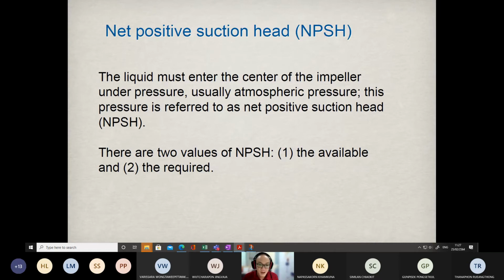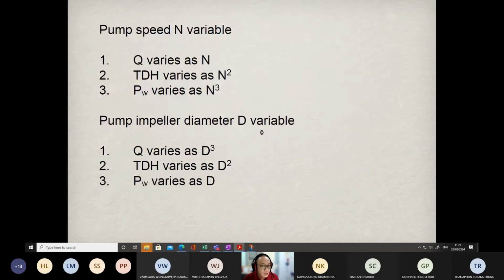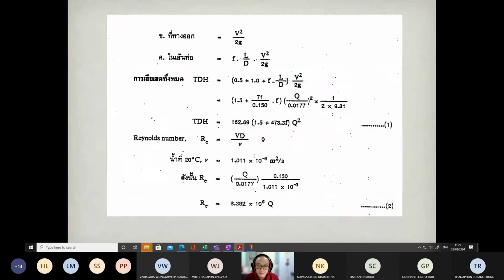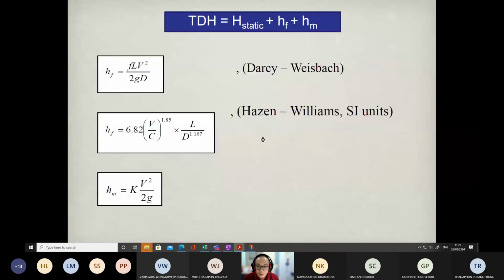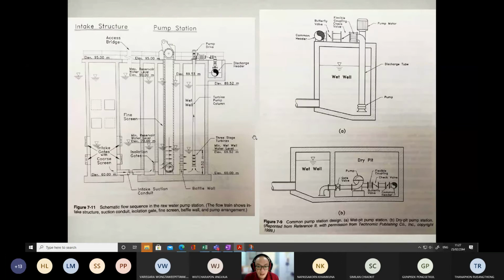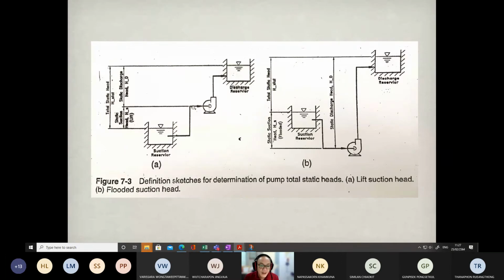For the net positive suction head, what does it really mean? You have to think about how the water can actually get into the casing. So how can the water actually get into the pump's casing?